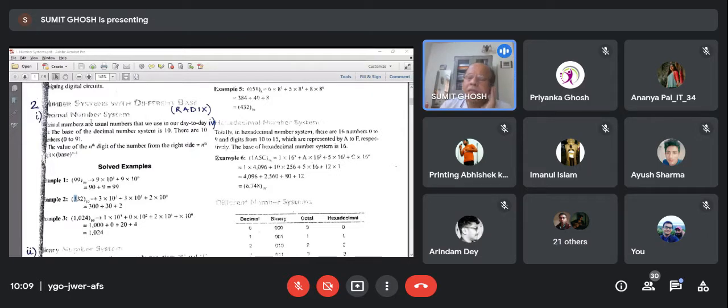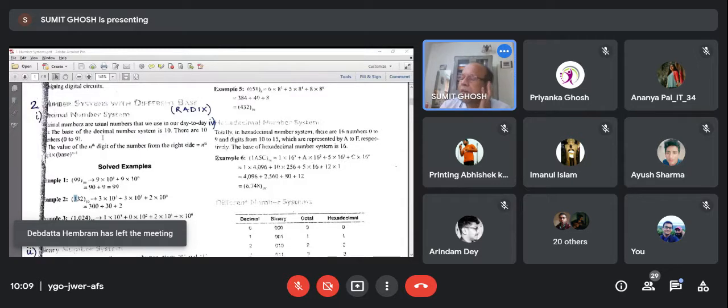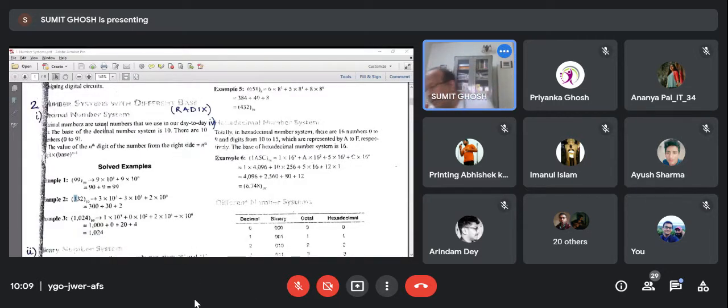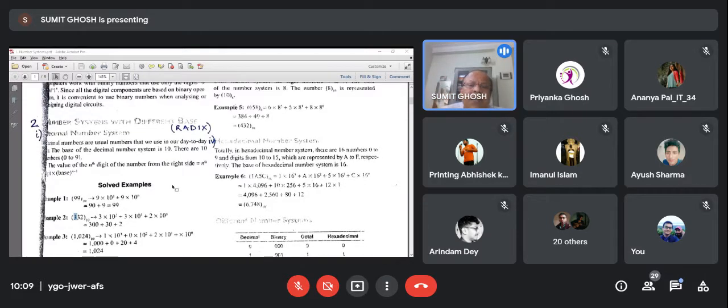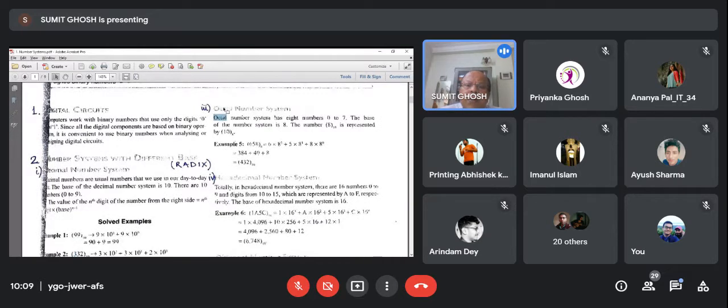As I said, the decimal number system, the binary number system, the third one is the hexadecimal number system, that means you constitute the numbers as hex values, so the base is 16. The fourth number system, which we will not study but which exists, is the octal number system. Octal stands for obviously 8.